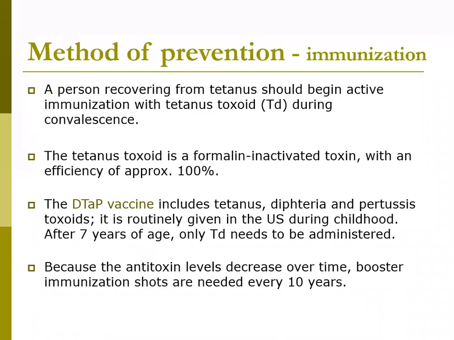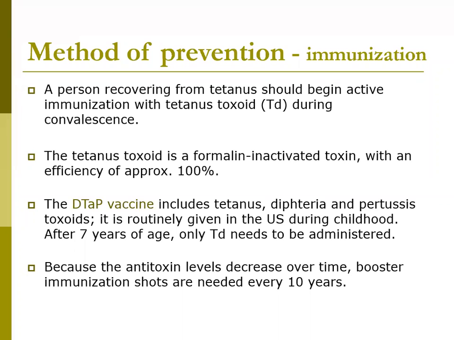So how can we prevent this disease? A person who is recovering from tetanus should begin active immunization with tetanus toxoid (TD) during convalescence. The tetanus toxoid is a formalin-inactivated toxin with an efficiency of approximately 100%. So the vaccine includes tetanus, diphtheria, and pertussis toxoids.